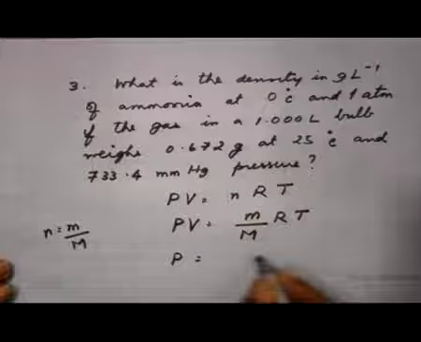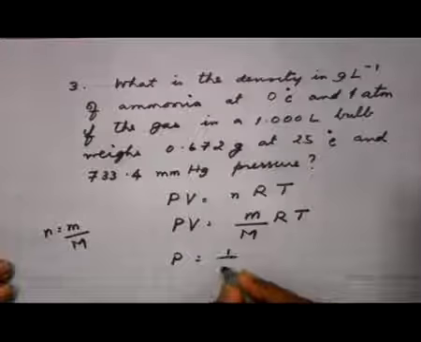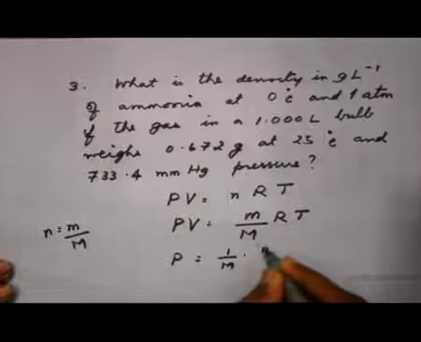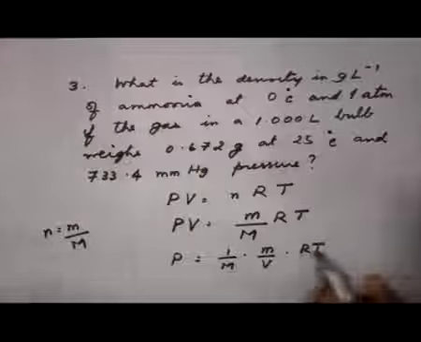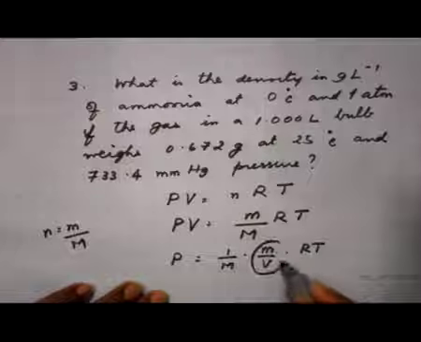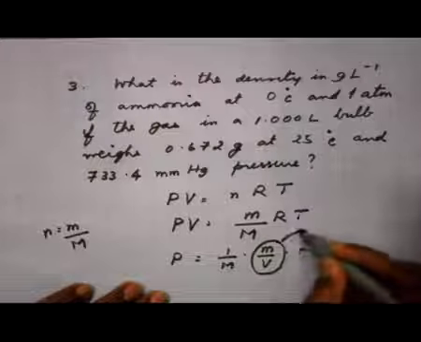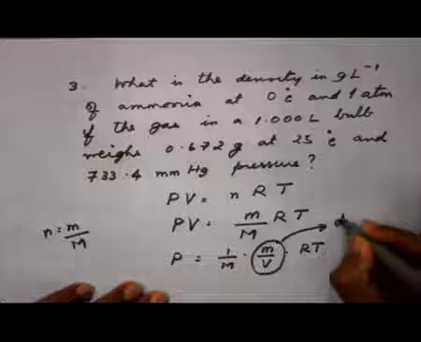We say that P is equal to 1 over M times m over V times RT, and we know that this is mass over volume and that is nothing but the density.